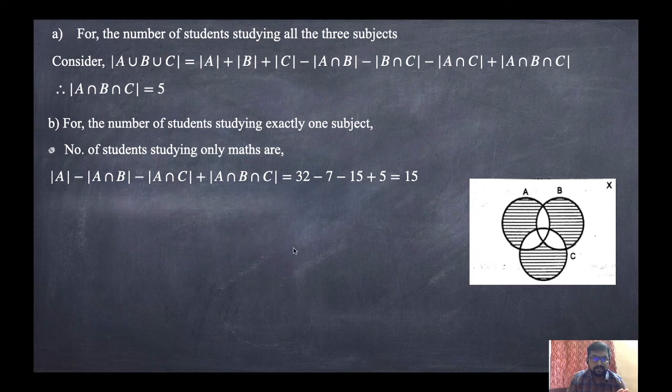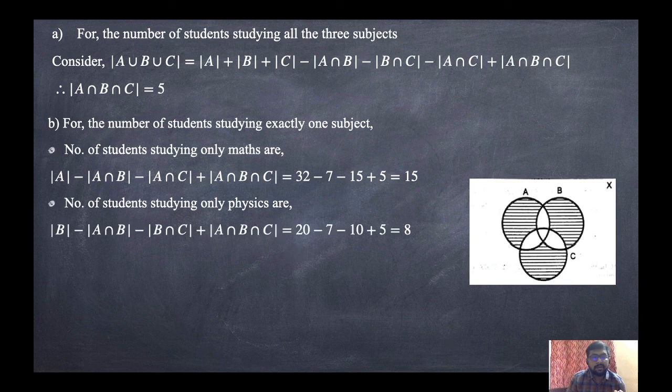In the same way, the number of students studying only physics. Now again I'm explaining. For only physics, that means the shaded part. Now this is the cardinality of B. Now minus, we want to subtract this portion.